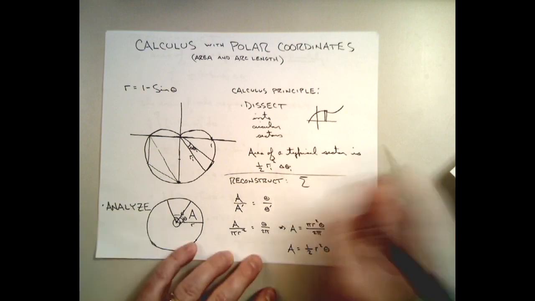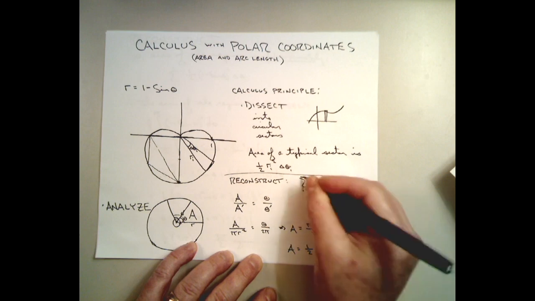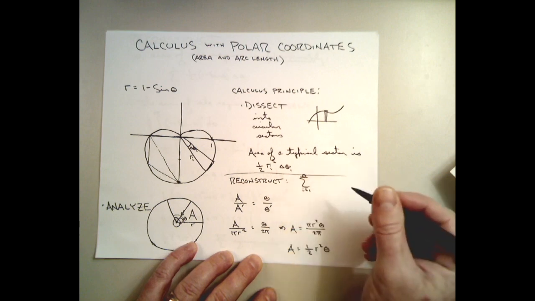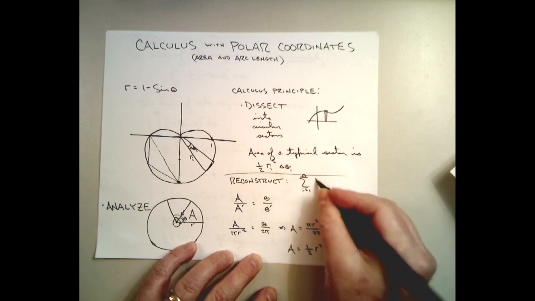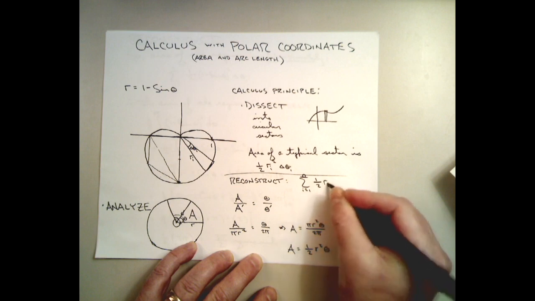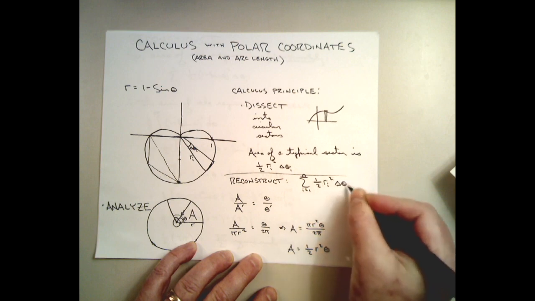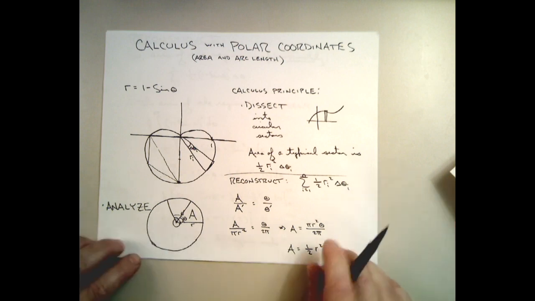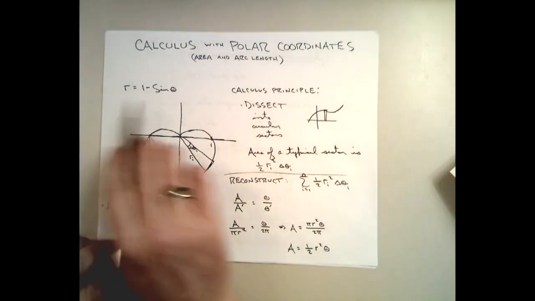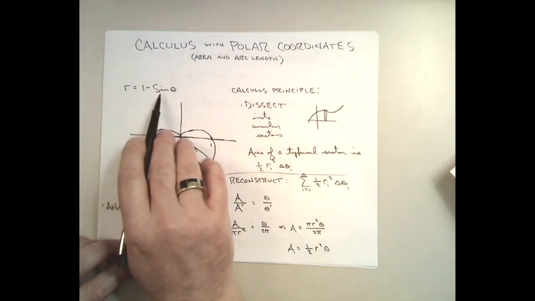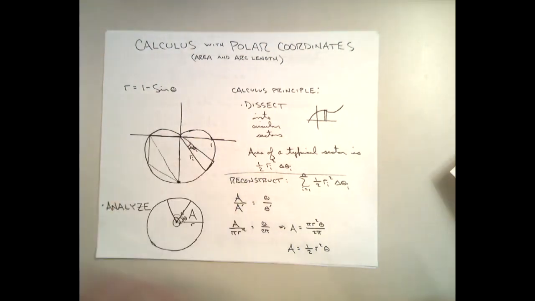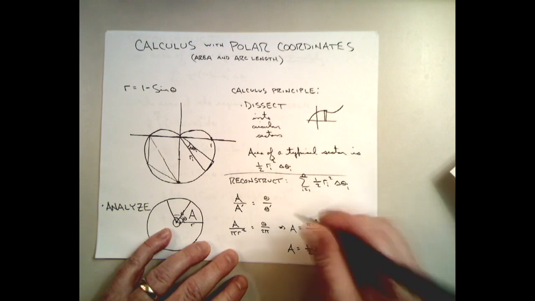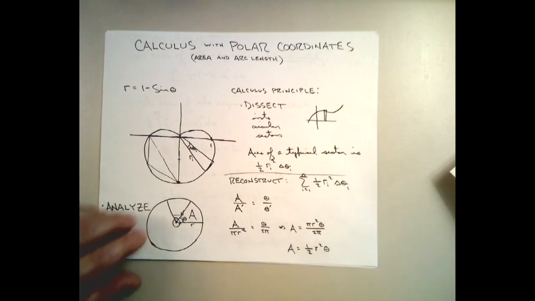The sum as i ranges from 1 to however many sectors I'm working with here of 1/2 r sub i squared delta theta sub i. And so in our particular case, r sub i is going to be 1 minus sine of theta sub i. And I have that on the next page. We'll just go right to there since I'm running out of room on this page.